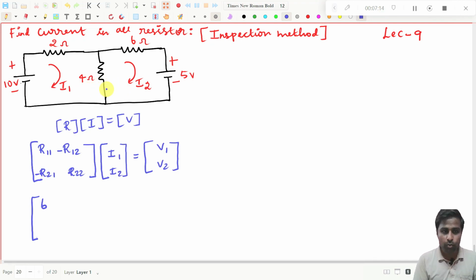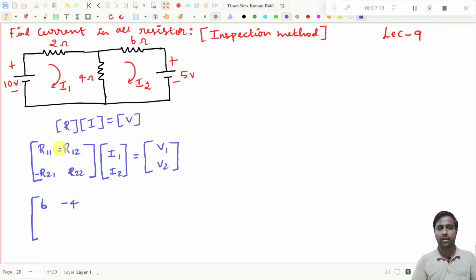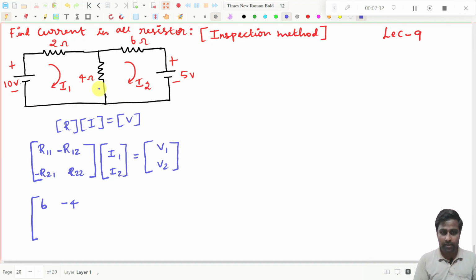So what you do, you just write minus 4. That's all, because the minus sign is there in the matrix itself. And you see R21, the common resistance between the second loop and the first loop. That should be the same. What is that? That is nothing but the 4 ohms resistor, so minus 4.